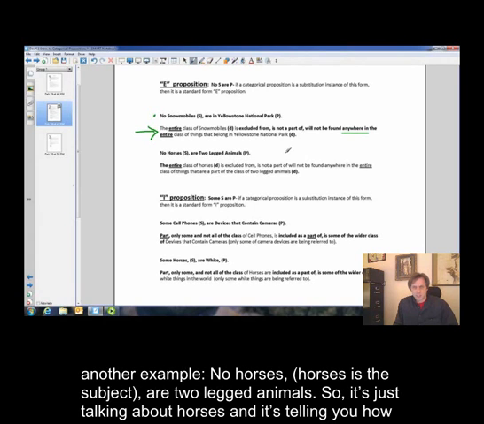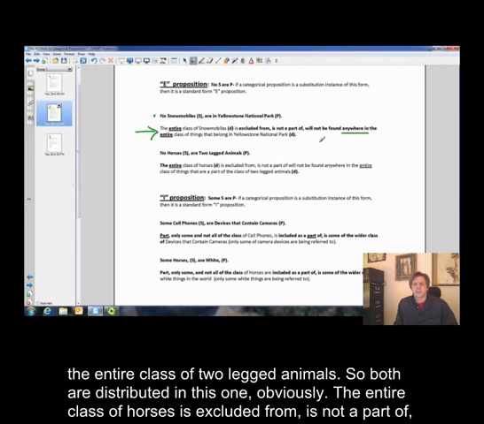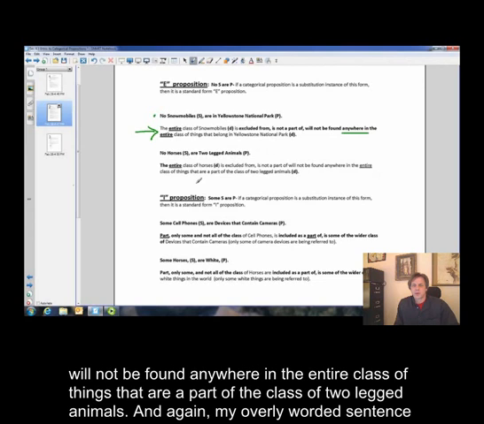It's talking about horses and how they're related to two-legged animals. Of all the horses, all of them, it's distributed. You're not going to find any horses in the entire class of two-legged animals. So both are distributed in this one, obviously. The entire class of horses is excluded from, is not a part of, will not be found anywhere in the entire class of things that are a part of the class of two-legged animals, okay?